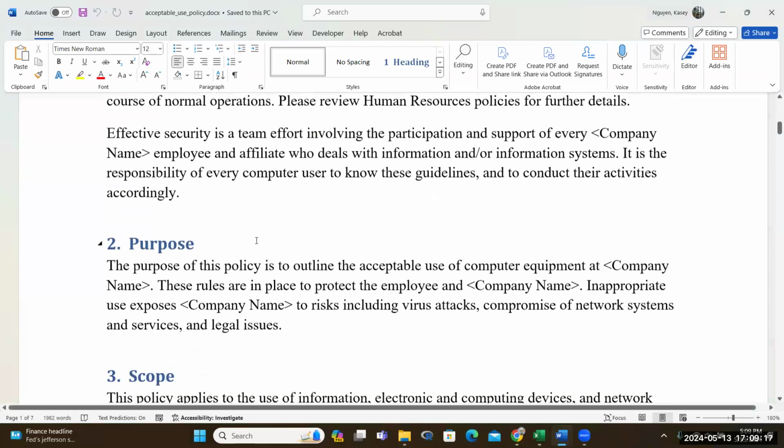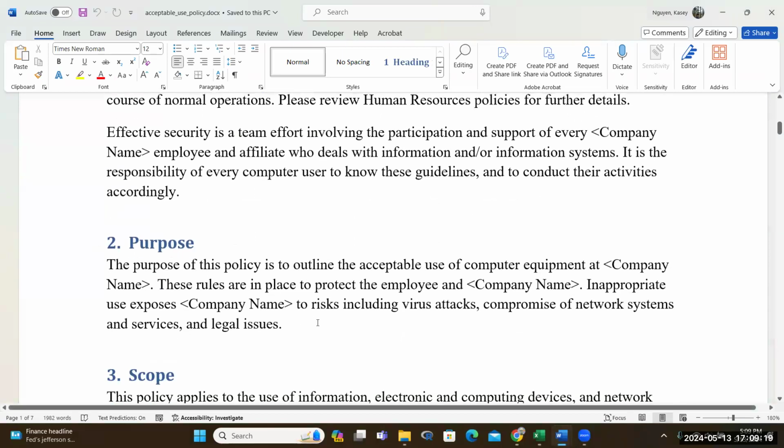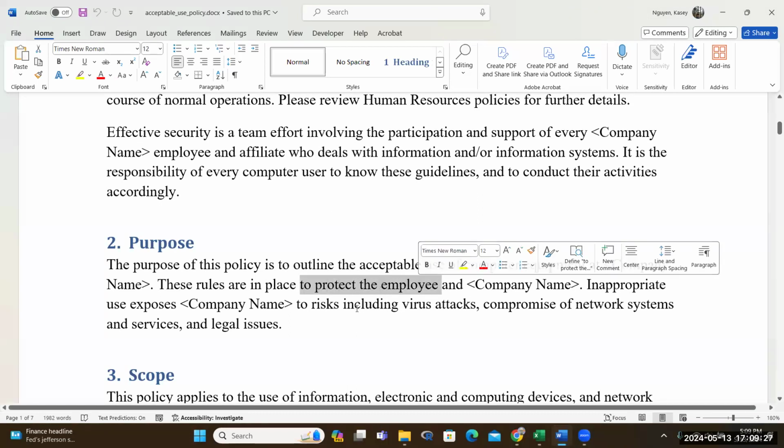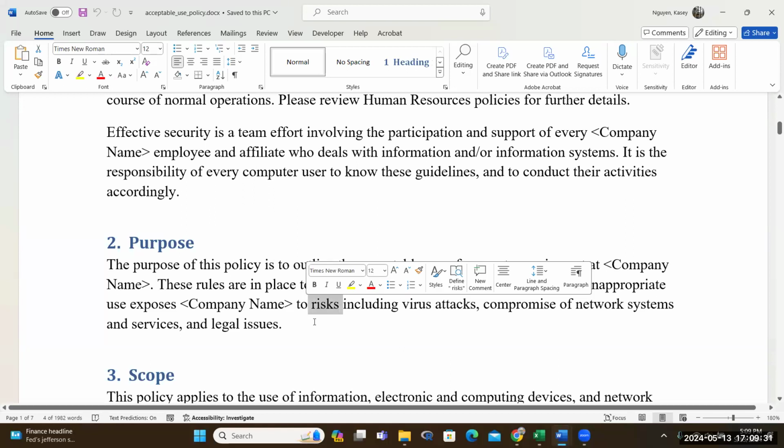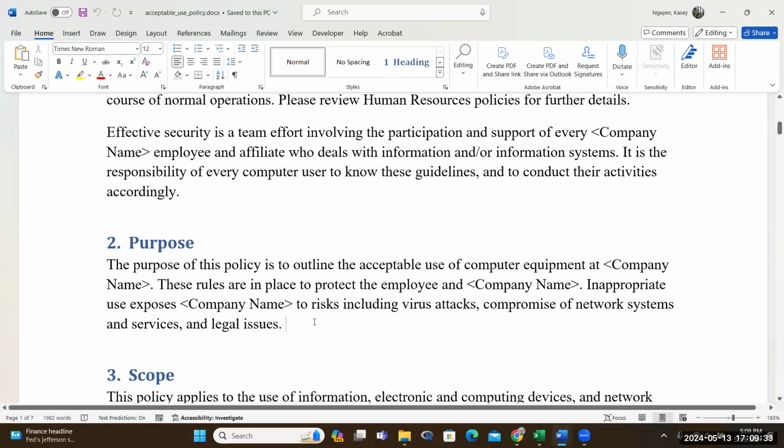And then down here, you would have a section 2, which is going to be a purpose. What is the purpose of this document, right? It's really placed to protect the employee and to reduce the risk, like what we mentioned before, right? And then the legal aspect, and then the liability with IT services here.